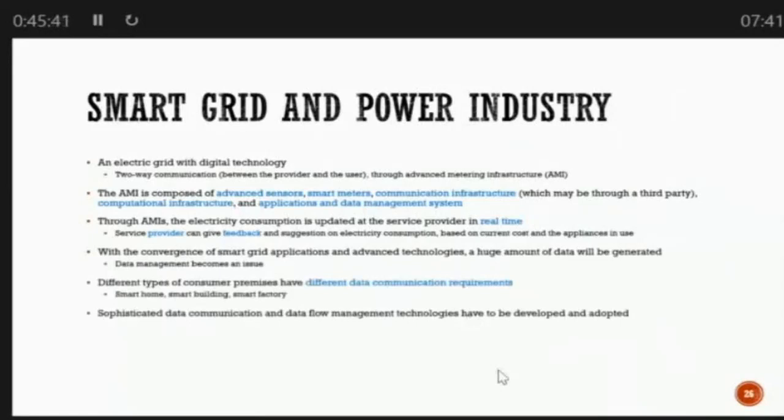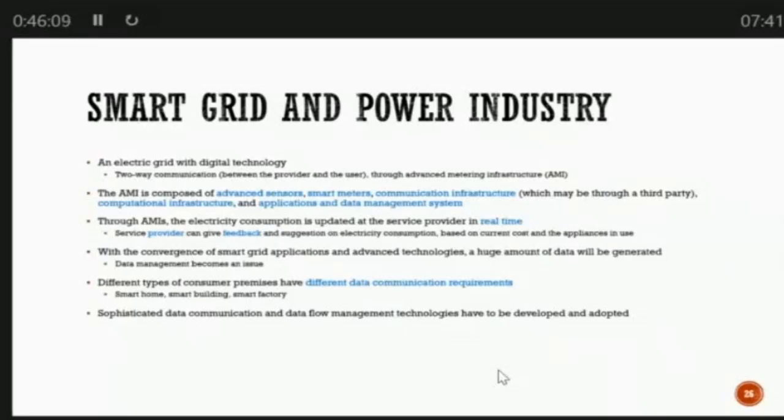The consumer premises have different data communication requirements. For example, a smart home will be generating less data as compared to a smart building. So based on your different environments, based on your different industrial settings, your smart grid users, you have different types of data usage. Why is it important?